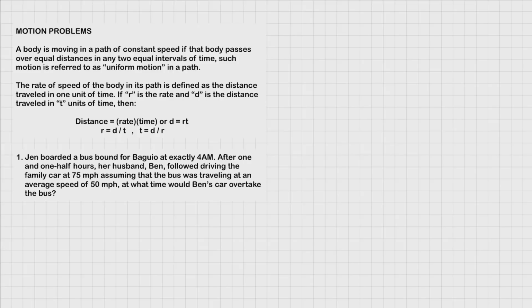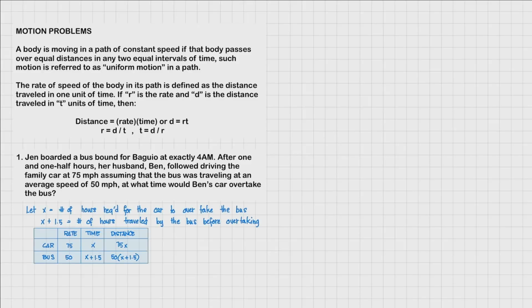Now let's solve some examples. So we have Jen, who boarded a bus bound for Baguio at exactly 4 a.m. After 1.5 hours, her husband Ben followed, driving the family car at 75 miles per hour. Assuming that the bus was traveling at an average speed of 50 miles per hour, at what time would Ben's car overtake the bus?